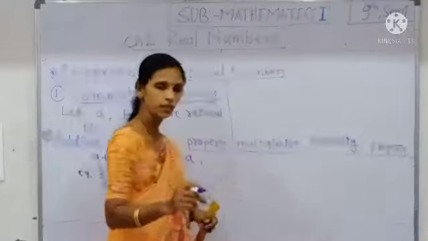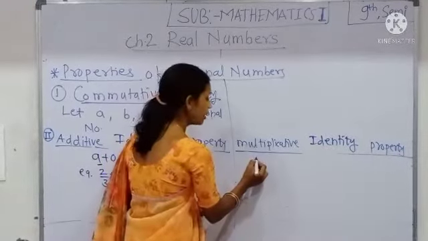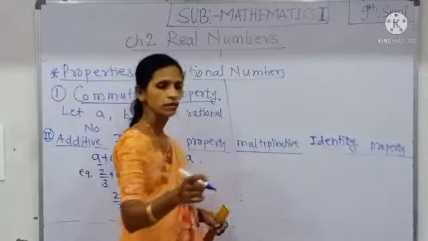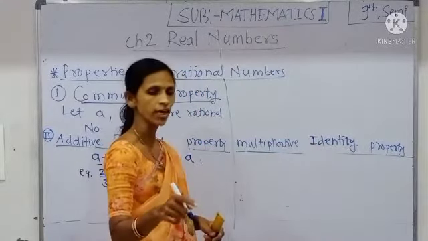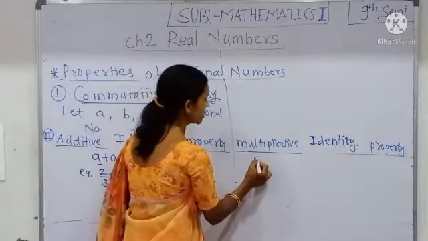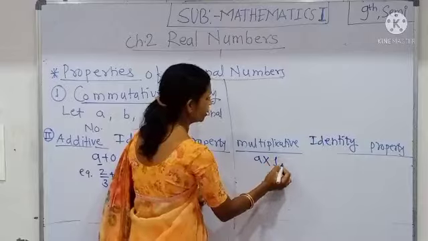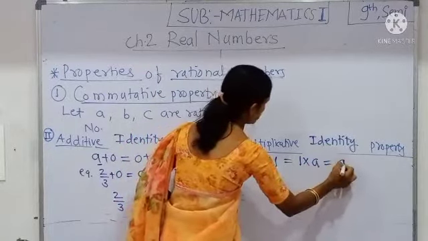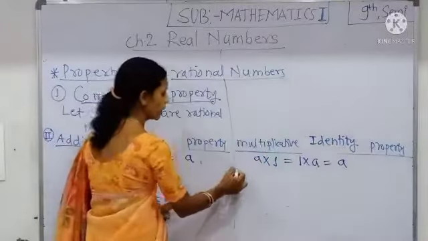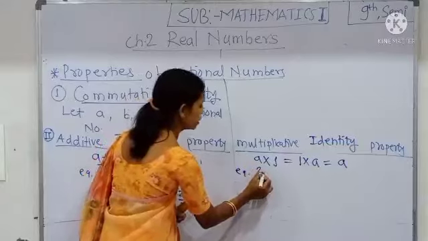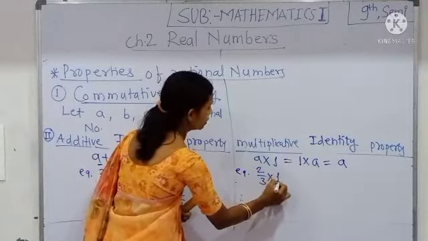Similarly, see here, any rational number when multiplied by 1, then that rational number is obtained. That means here A into 1 is equals to 1 into A, the same rational number. For example, A is 2 upon 3 into 1.